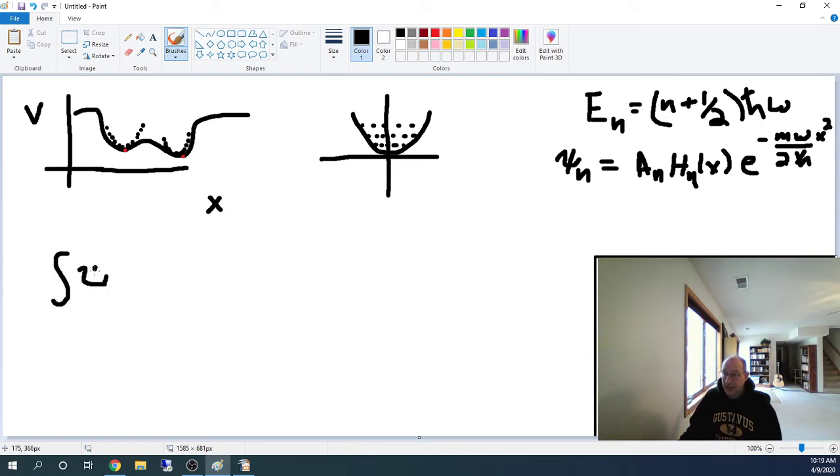It would be psi of m times x, this is actually the variable x, times psi of n of x, and then you would integrate that. This would tell you the dipole moment of the electron as it moves between states N and M. Okay?